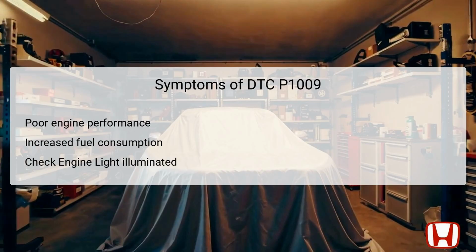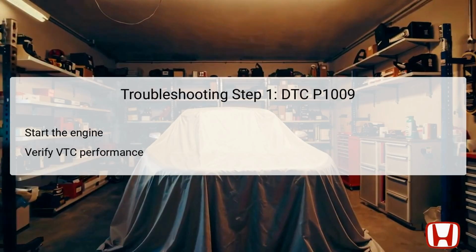The first step in troubleshooting DTC P1009 is to start the engine and observe its performance characteristics. You want to check for any visible signs of irregularities or listen for abnormal engine noises that could indicate a malfunction within the VTC system.